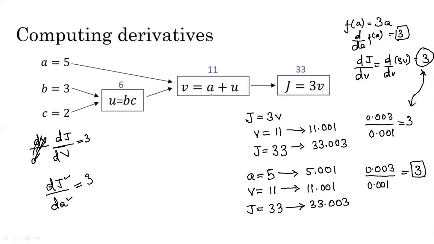Suppose we have some change in a, so according to this, the change will be reflected in the value of v, and ultimately if we have some change in the value of v, this would be reflected in the value of j.